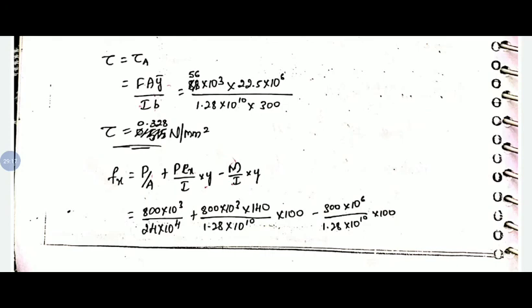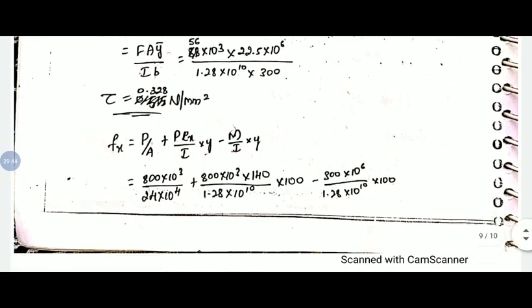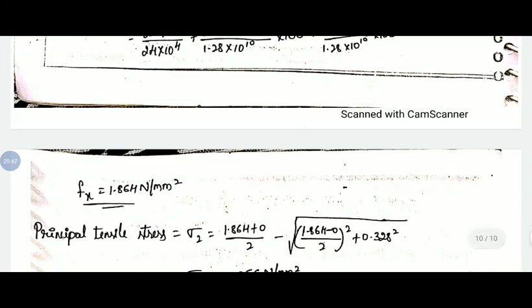At that particular point the eccentricity we have calculated is 140 mm. So E will be 140, at the level of 100 mm below the centroidal axis we are calculating the stress. So Y is equal to 100, minus 300 into 10 power 6 by 1.28 into 10 power 10, into the same 100 mm we are calculating at the section. So on simplifying we will get 1.864 Newton per mm square.